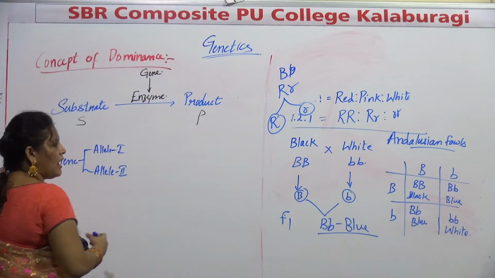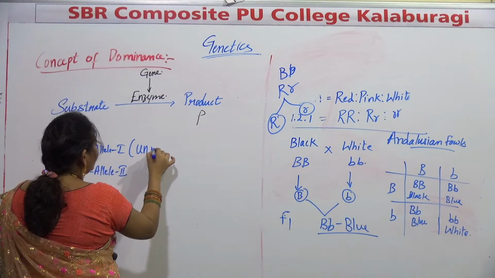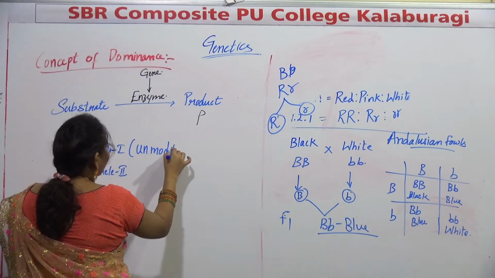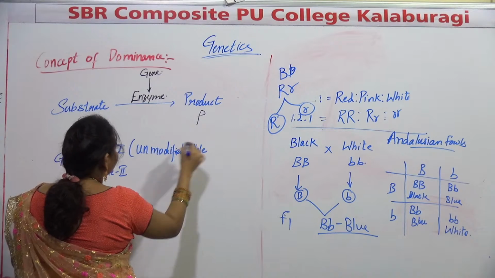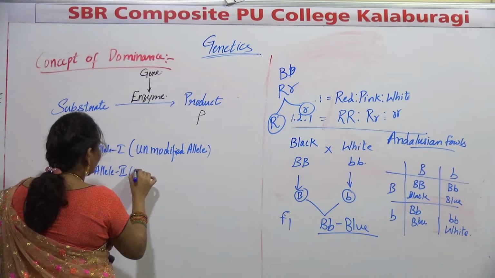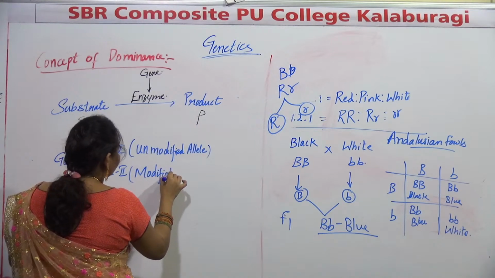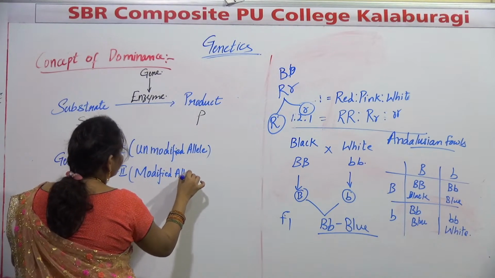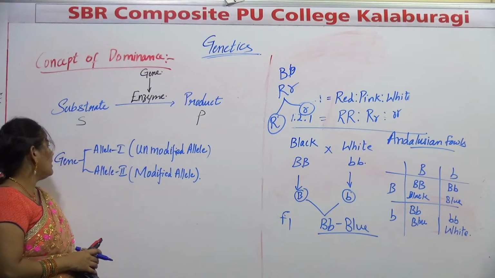I am naming allele 1 as the unmodified allele, and allele 2 as the modified allele.